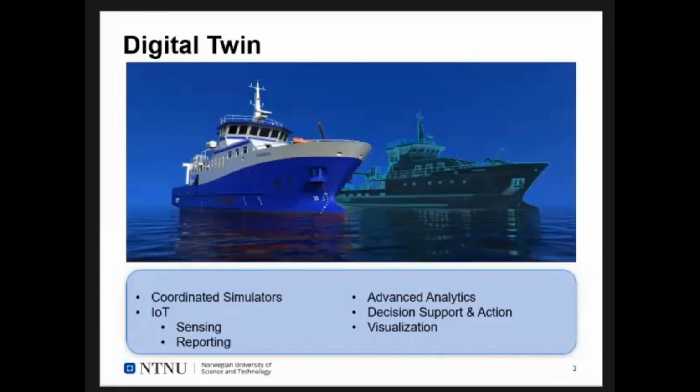Then also, let's imagine that you have sensors on the physical asset coupled with an IoT network, such that you can measure information on the physical asset in real time, and with this IoT network, you can inject this real-time information from the physical world into the simulators. This enables you to run simulations that are initialized with real values from the real world.